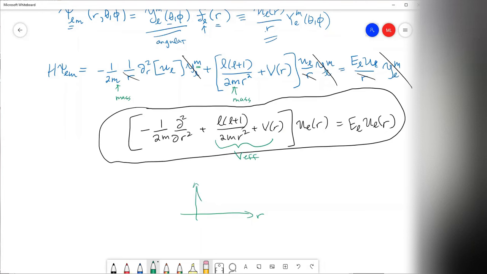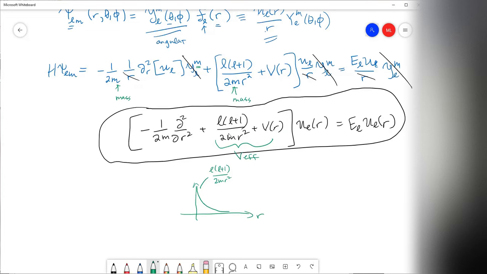It's the L(L+1)/2mr² term. It gives you repulsion away from the origin. So the larger the angular momentum is, the more the state wants to push away from the origin. It makes some intuitive sense: it's whipping around faster, so it pushes away from the origin.